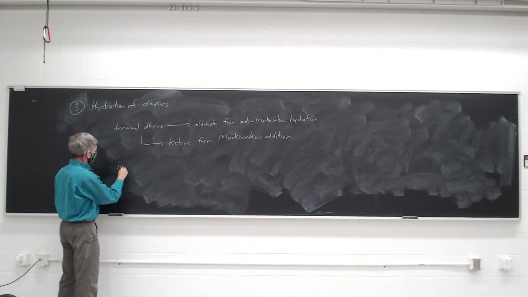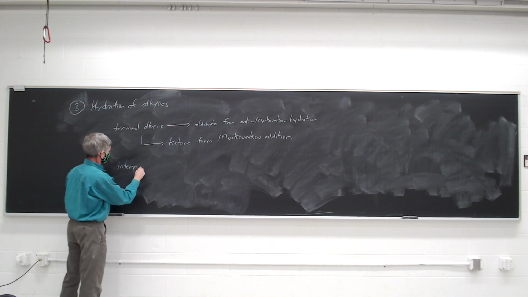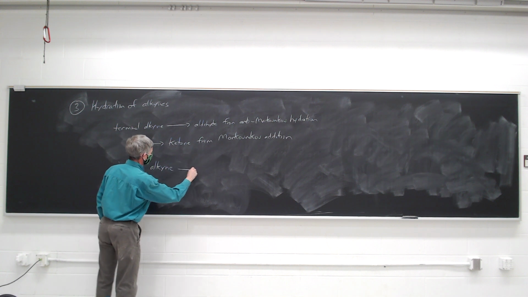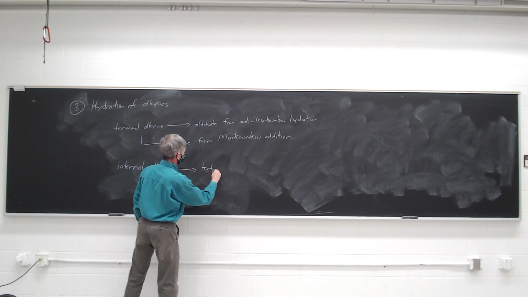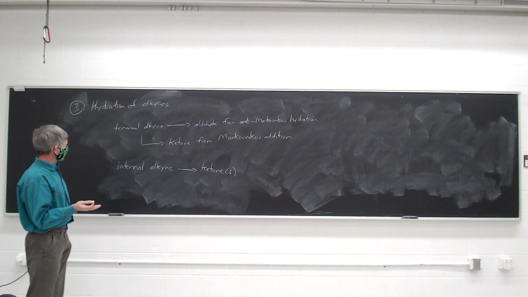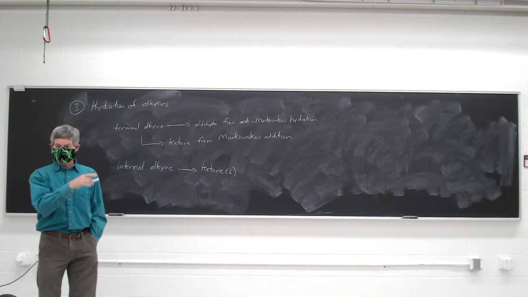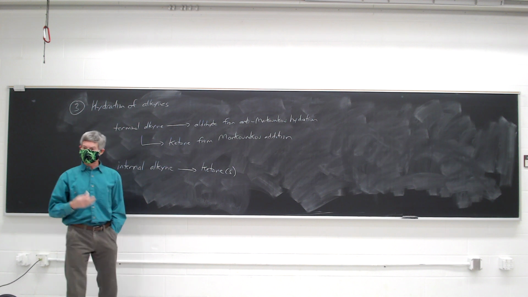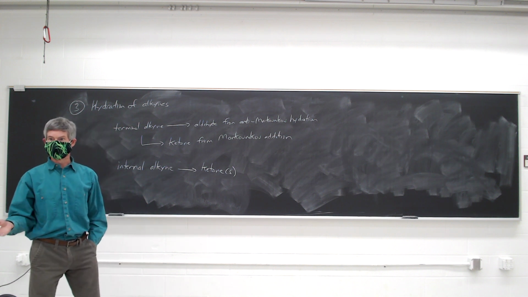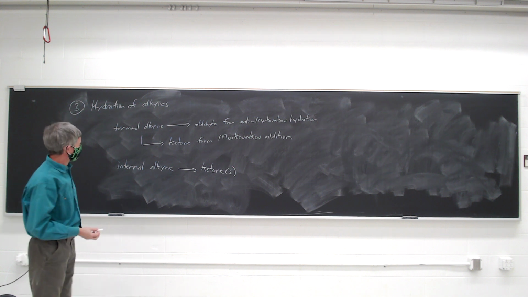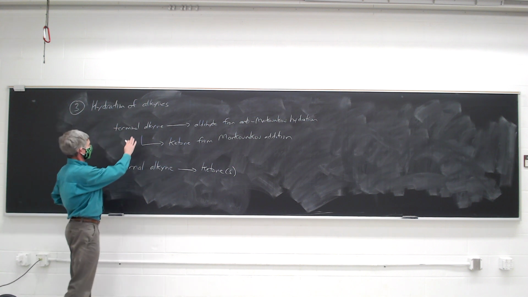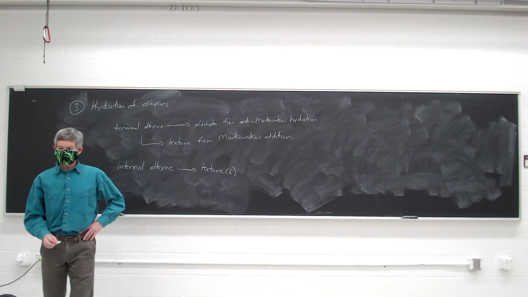And if it's an internal alkyne, we get ketones, and usually a mixture of ketones. If it's unsymmetrical, we'll get two different ketones because we won't be able to control which direction that hydration occurs. So hydration of alkynes is most useful when you're working with a terminal alkyne.